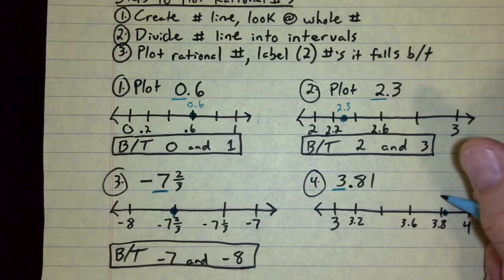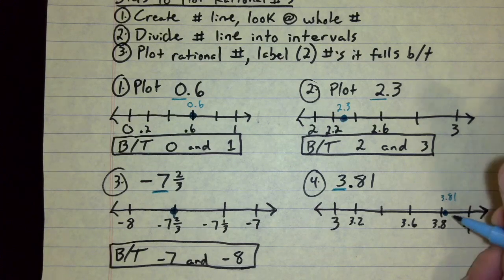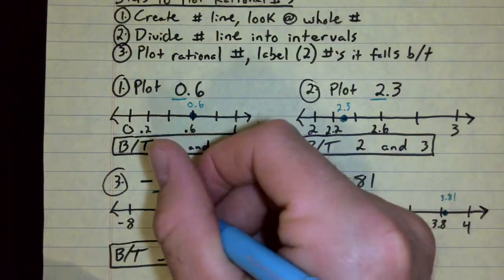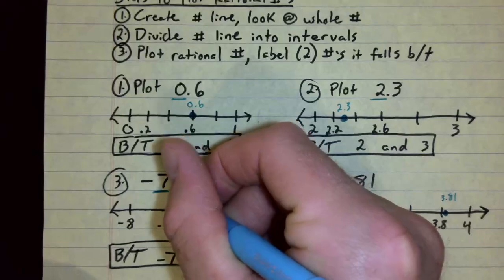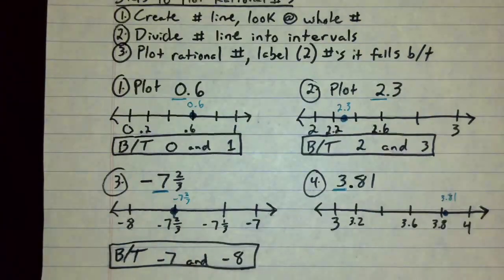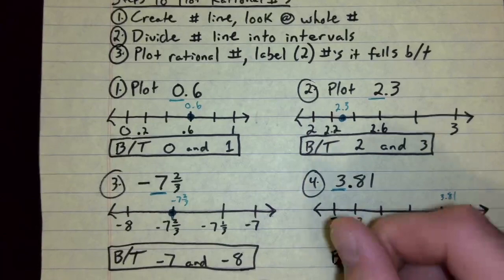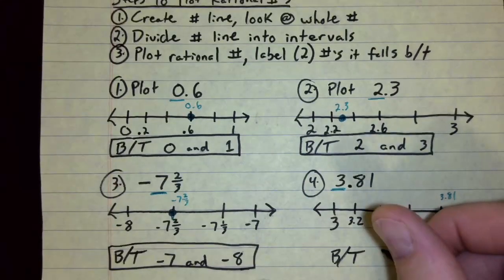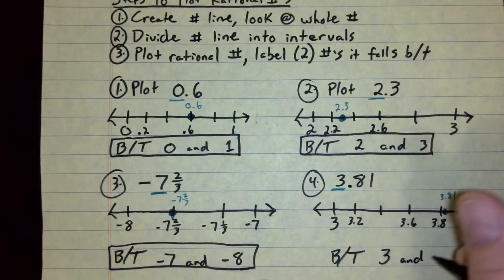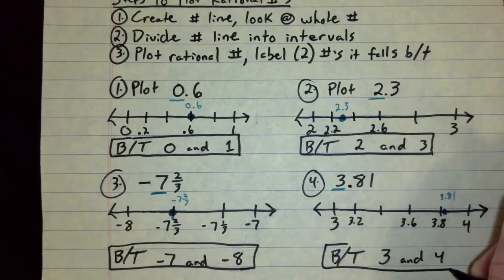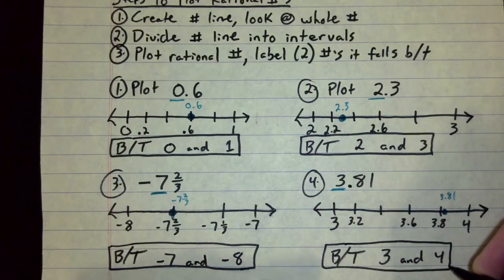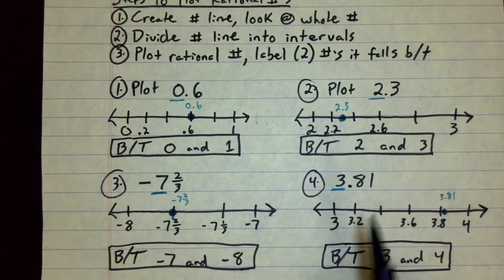We'll also label that one. Step 3 is to plot your rational number and label that it is between integers 3 and 4. That's it. Your 3 and 81/100 is between 3 and 4.